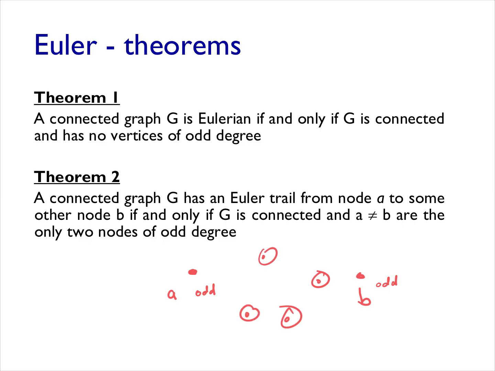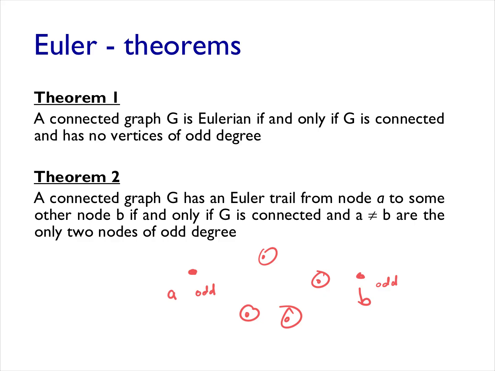If this condition is true, the point that you start from is odd degree, the point that you end on is odd degree, and all the intermediate nodes other than A and B are not odd, which means they are even, then this graph G that has this property contains an Euler path that can start at A, finish at B. For sure, there is one.